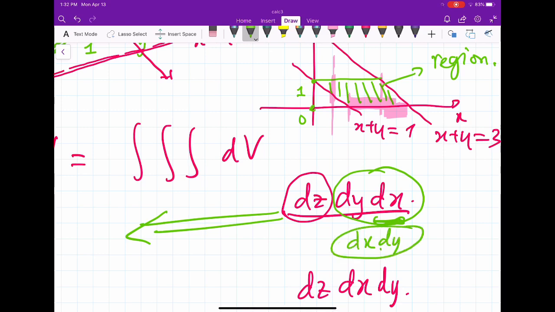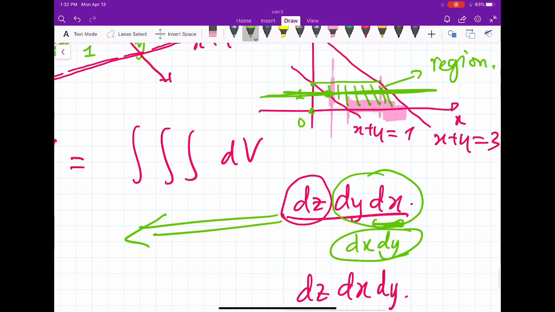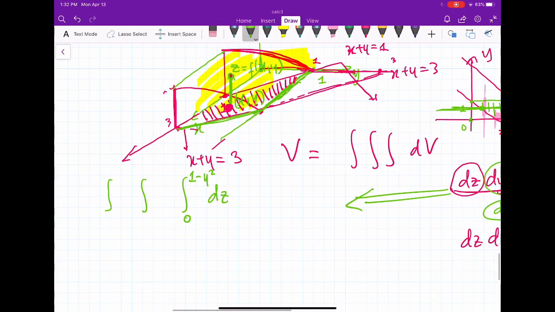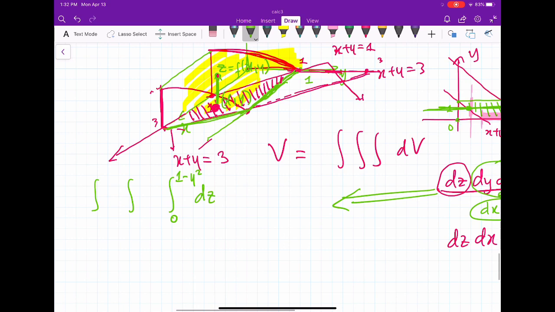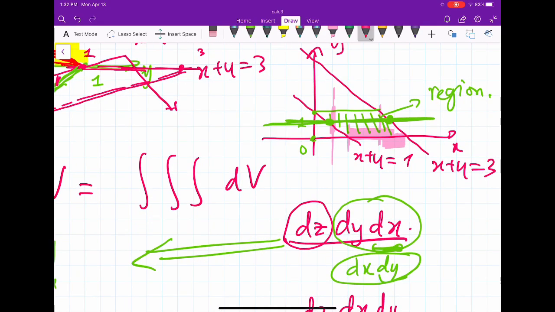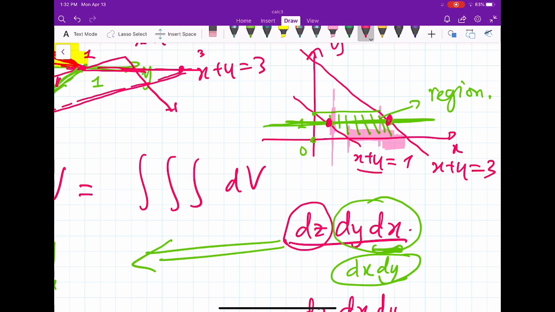Why? Because for dx dy, you will fix y. But each time when you fix y, you have only one straight line right here. You see that? So you only need to find this point and this point. That's it. Make sense? So I will not write in the form dy dx. I choose dx dy. So if I fix y in here, I can find these 2 intersection points. That is nothing but 1 minus y and this is 3 minus y.